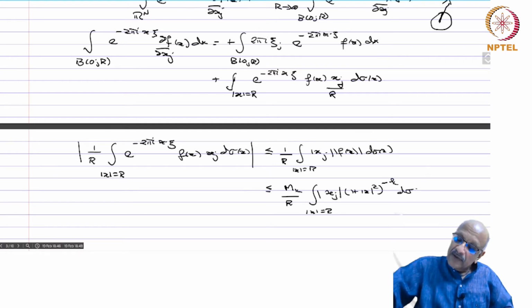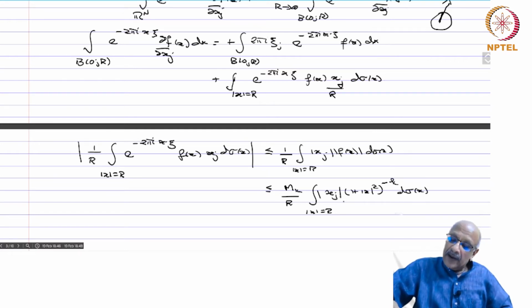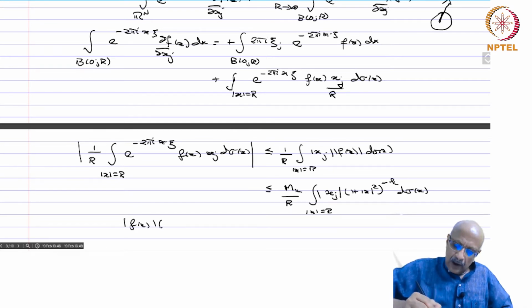What have I done? I multiplied and divided by (1 + |x|^2)^k and (1 + |x|^2)^(-k), and we have that |f(x)| (1 + |x|^2)^k is less than Mk.